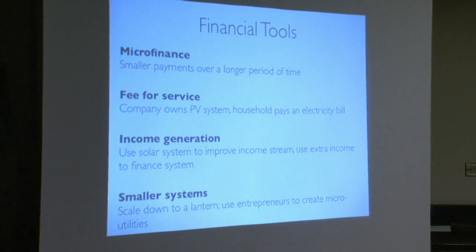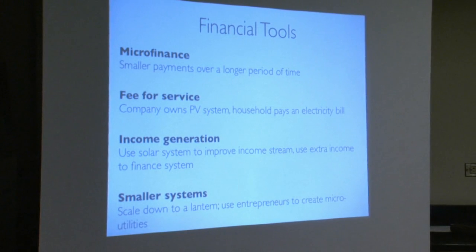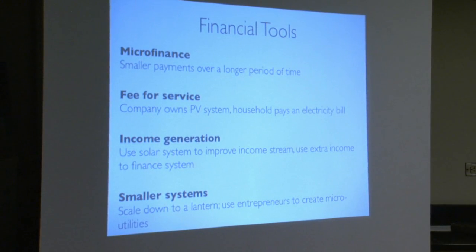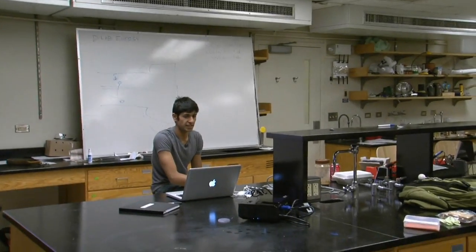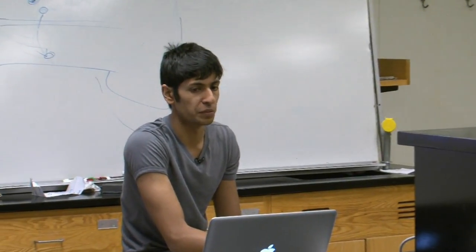That was the bulk of what I wanted to talk about today about solar cells. One interesting thing to note is a quote from Harish Hande, the founder of Selco: solar is expensive for the rich and affordable for the poor.